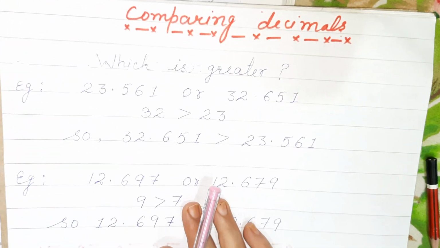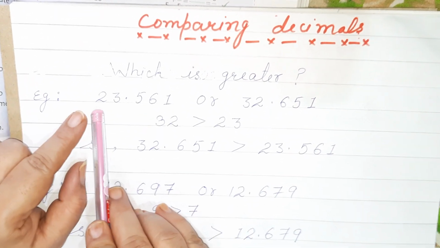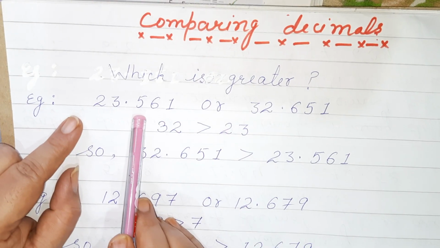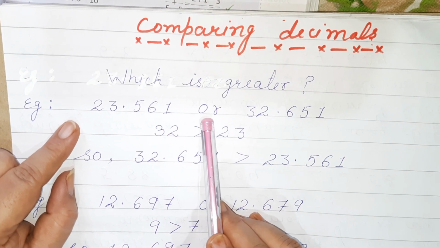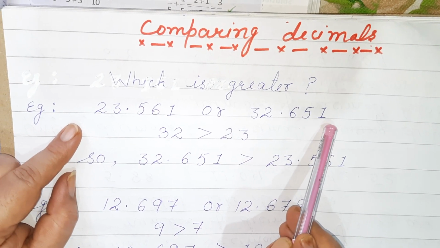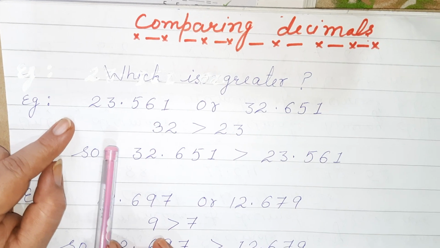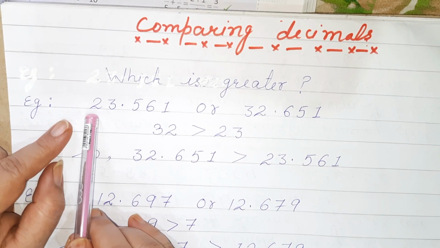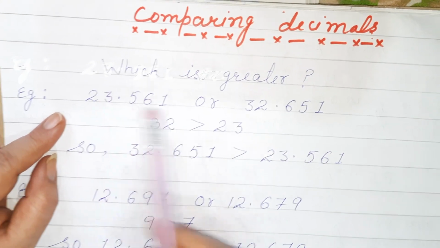Now how do we compare decimal numbers? See, I have two numbers: 23.561 and 32.651. Students, when we compare decimal numbers, first we check our whole part. Our whole parts are 23 and 32.